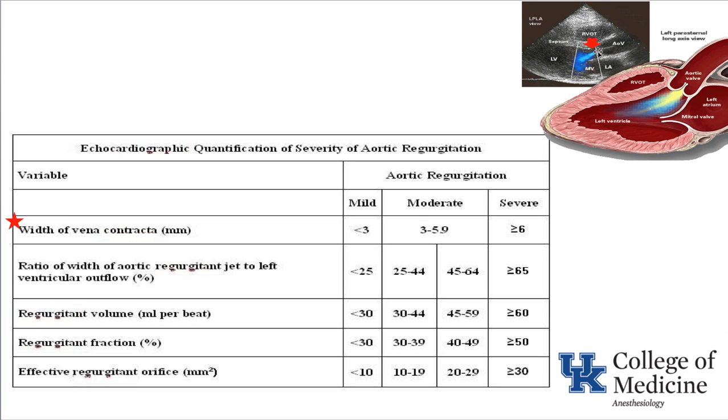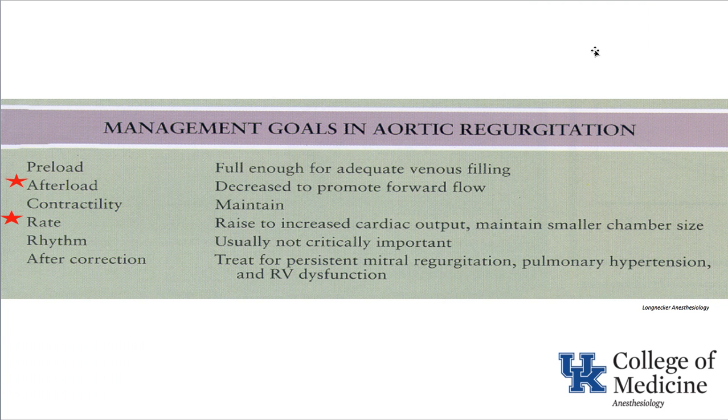If it's just a teeny little narrow jet, suggests that it's not as bad. So the width of the jet is called the vena contracta, and it's one of the things that's used to estimate aortic insufficiency. Other things like regurgitant fraction, regurgitant volume, effective regurgitant orifice area are complicated in quantitative ways that echo is used to assess AI.